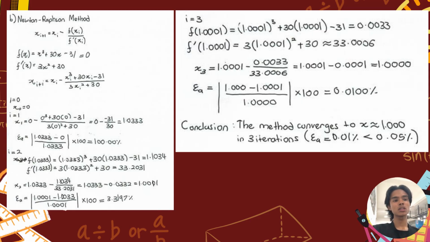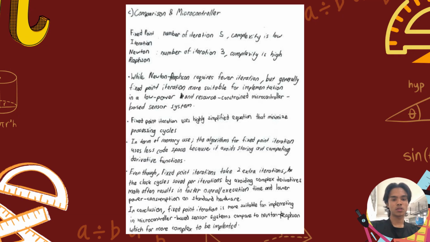From the conclusion, the method converged to x is 1.000 in 3 iterations, which means the approximate error is around 0.01% to 0.05%. As you can see, this is the comparison between fixed point and Newton.